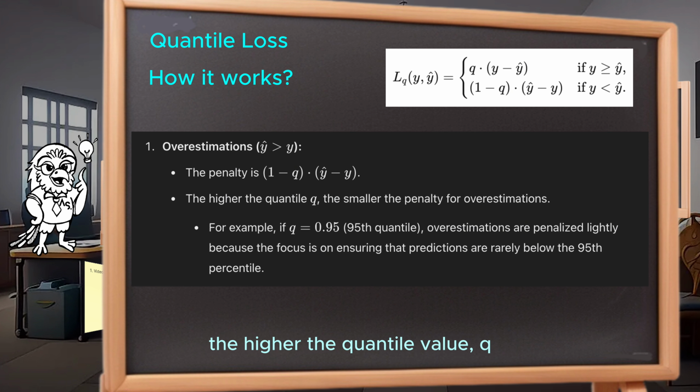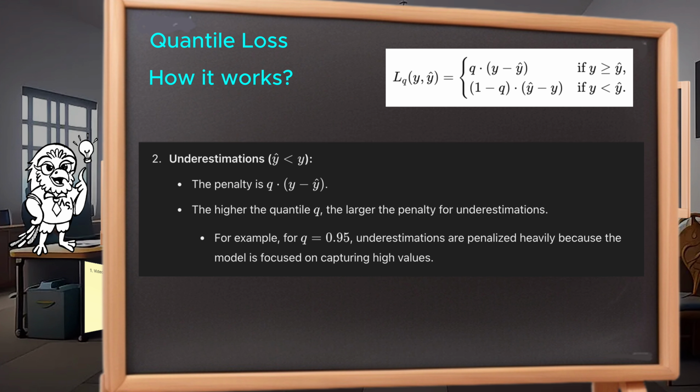The higher the quantile value q, the smaller the penalty for overestimations because the focus is on ensuring that predictions are rarely below the 95th percentile, and in the other cases of underestimations, the higher the quantile q, the larger the penalty. We will explore how XGBoost uses these concepts shortly for predictions.